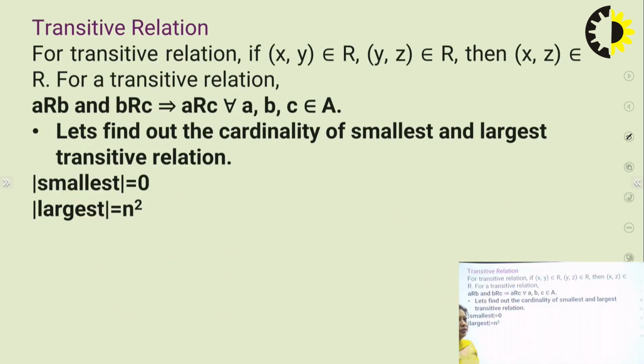Now coming to the transitive relation, a relation is said to be transitive if I have 2 pairs, that is (A, B) and (B, C) in my relation, then I must have the (A, C) pair also in my relation for a relation to be transitive. Let's take an example.